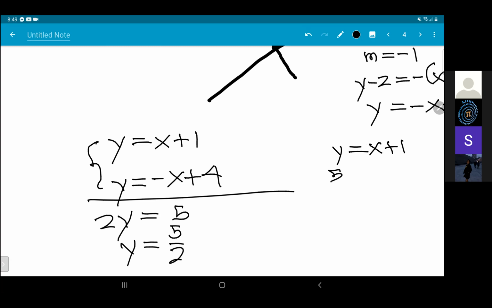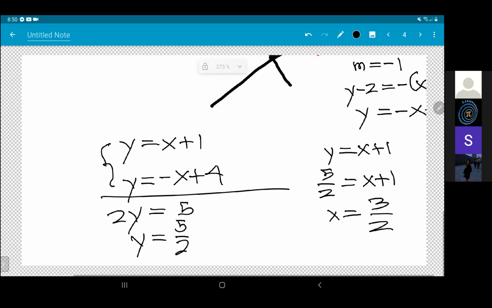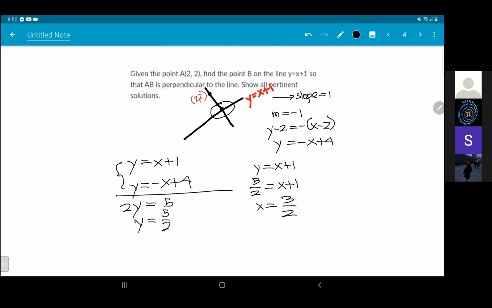Y is 5 over 2. 5 halves minus 1. And therefore, the point of intersection, this one here, has coordinates (3/2, 5/2). Okay.